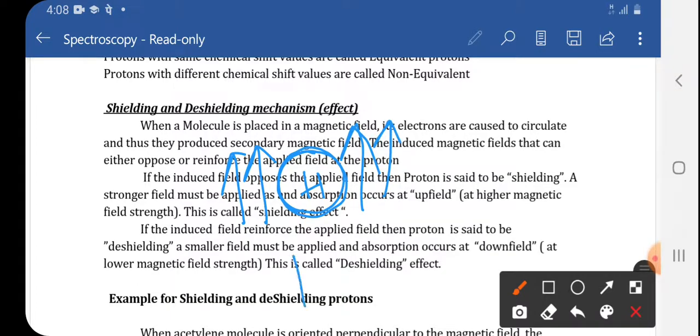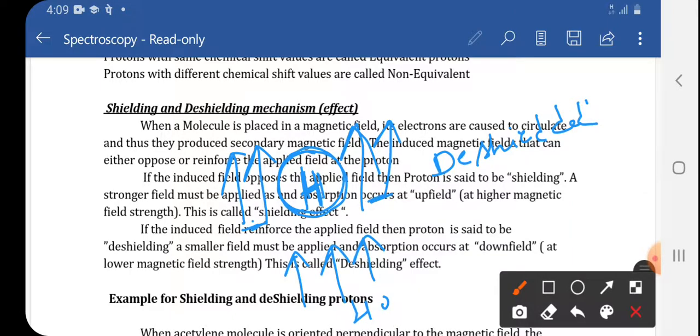and the external magnetic field also has the same direction, these two have the same direction, so this proton is said to be a de-shielded proton, because it is not covered against the external magnetic field.